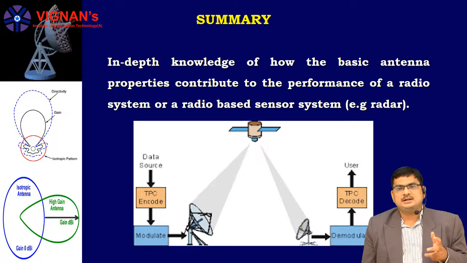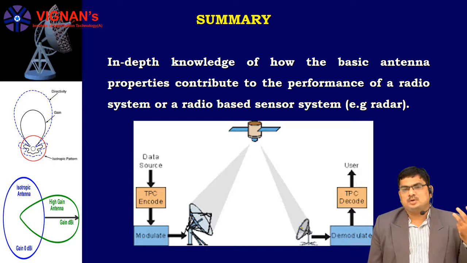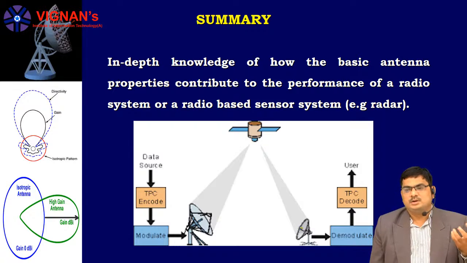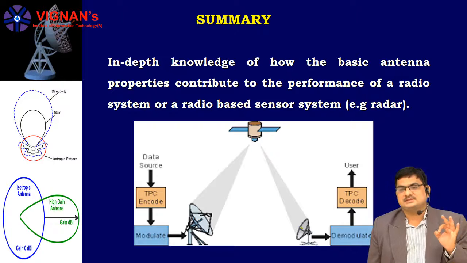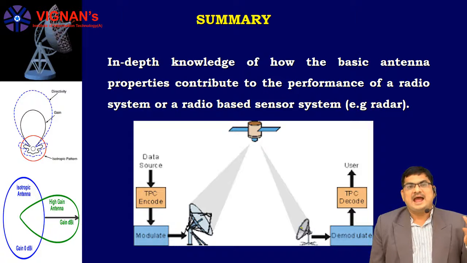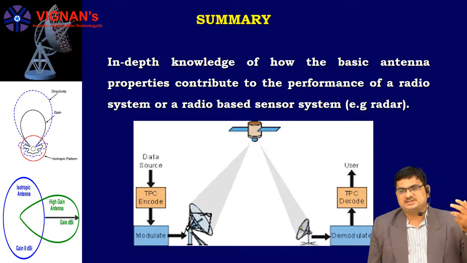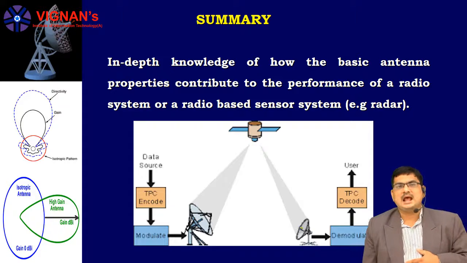After that we discussed bandwidth, which is the frequency range over which the specified characteristics of your antenna are maintained. After that we discussed antenna apertures and the different types of apertures, like scattering aperture, loss aperture, physical aperture, and effective aperture.